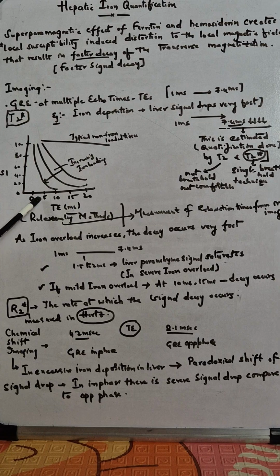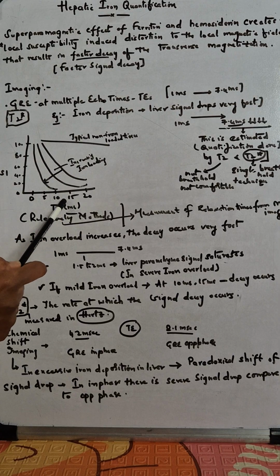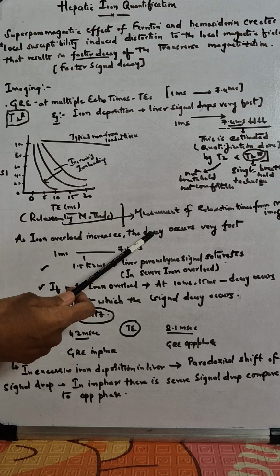This axis is 0, 5, 10, 15, 20 milliseconds, time to echo, right? If the iron overload is very severe, at 1.5 to 2 milliseconds only, the signal drop will be there. If it is a little mild, at higher levels, 10 to 15 milliseconds, there will be a signal drop.